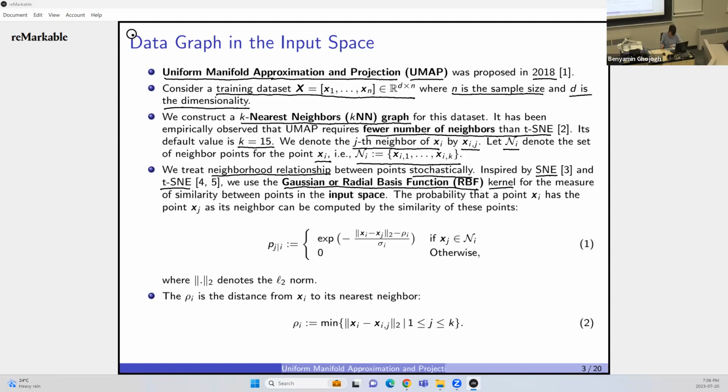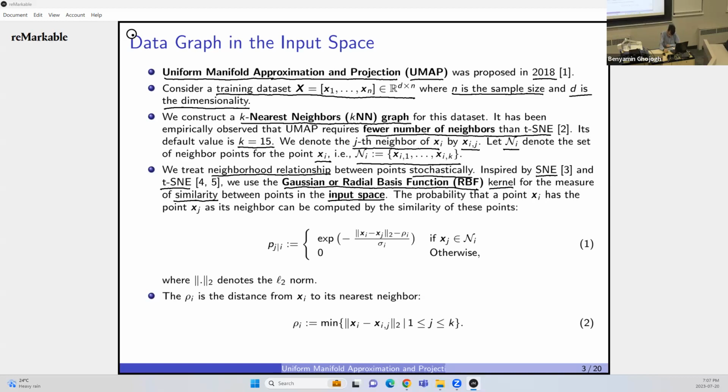We use the Gaussian, or RBF, kernel for the measure of similarity between points in the input space. What do I mean? Every point has a Gaussian distribution around it, which shows the probability of other points being its neighbor. The closer the points are to that point, the more probable they are to be its neighbor. The farther away they are, the less probable they are neighbors.